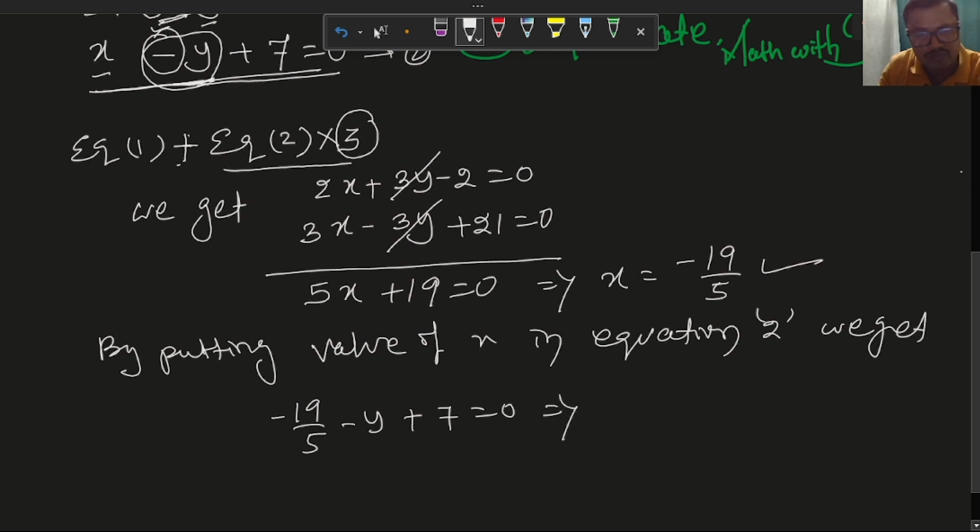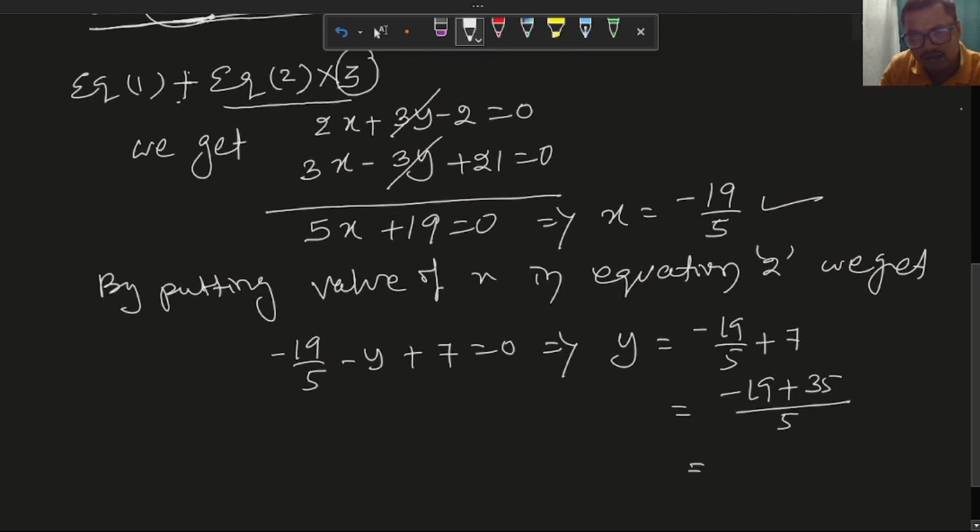Hence y = -19/5 + 7, that equals (-19 + 35)/5. That gives 35 - 19 is 16, so 16/5.